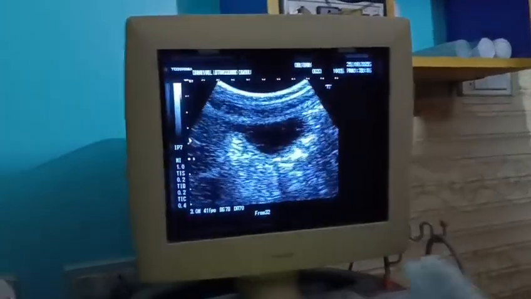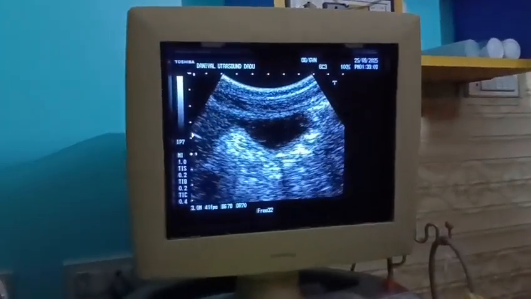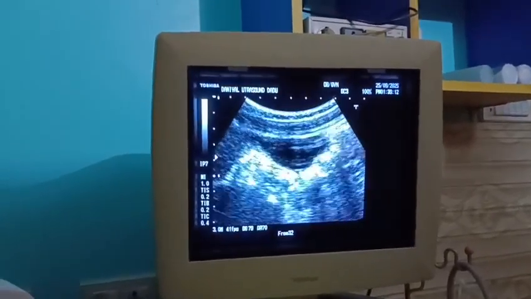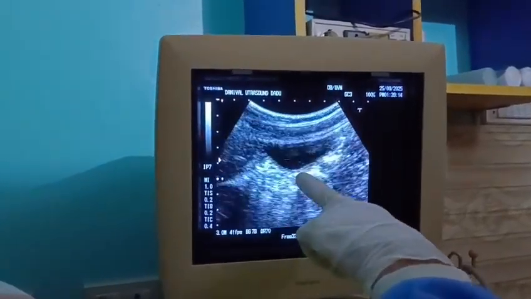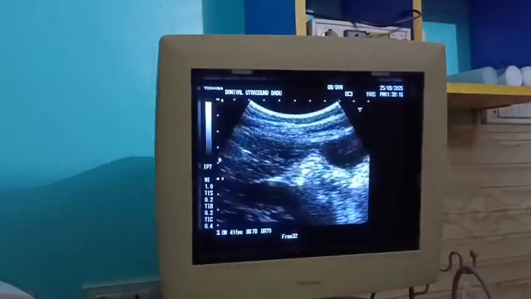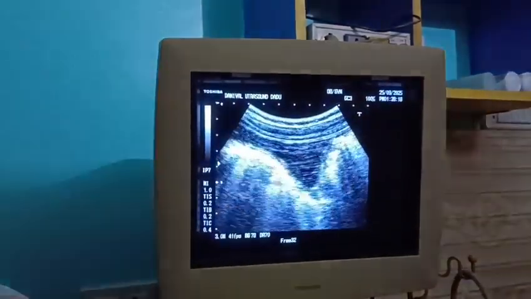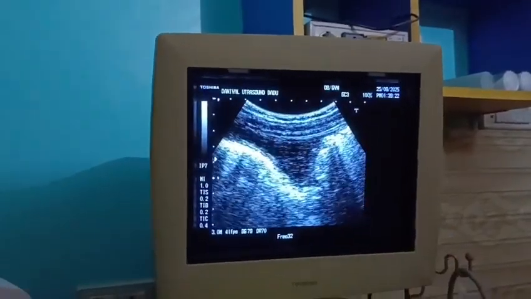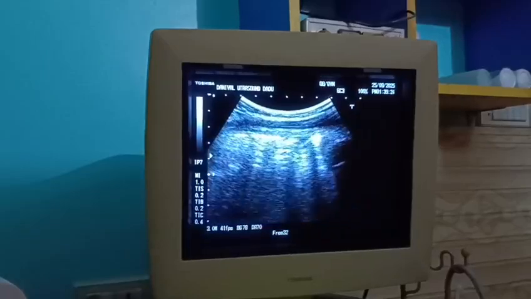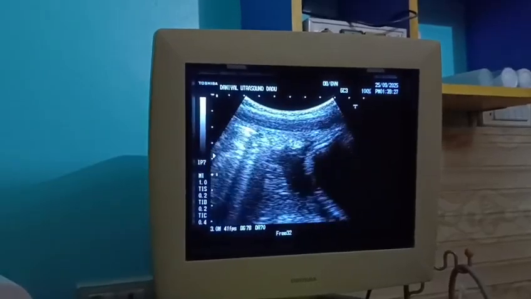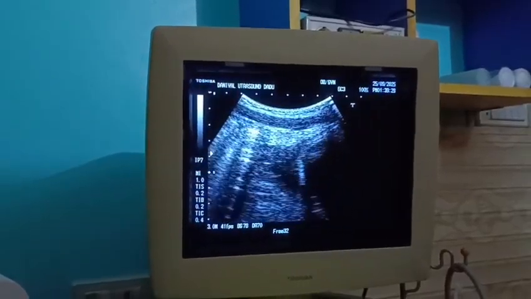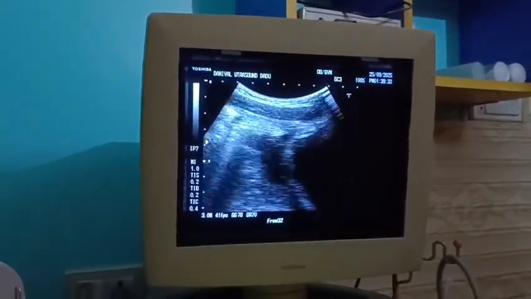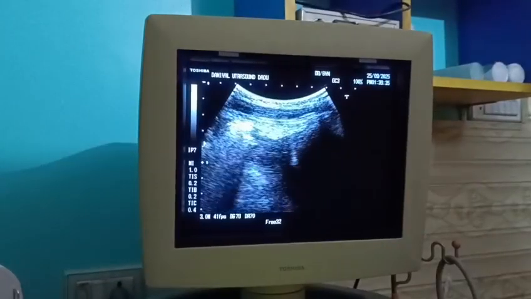It is not anechoic because it contains echoes, and there are certain strands which can be seen in the fluid. This indicates an organization process. This is because of the intestinal perforation that fluid is accumulated there and in the lower abdominal area.